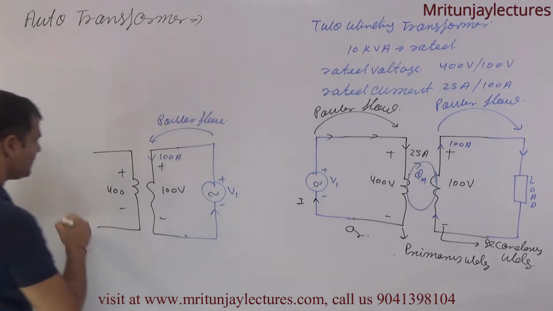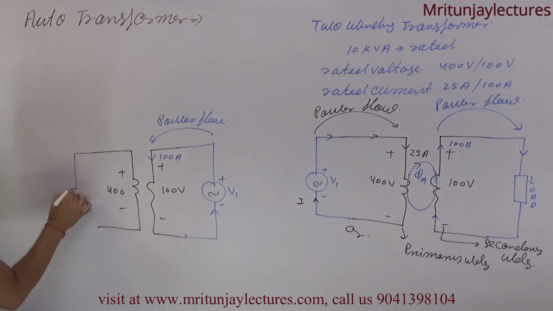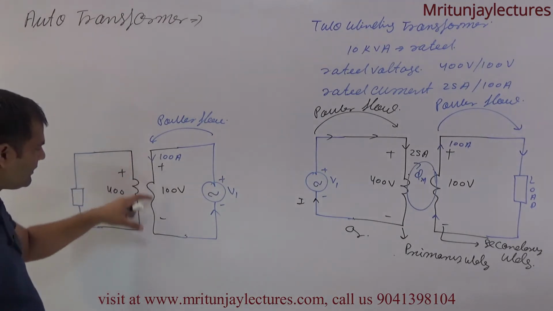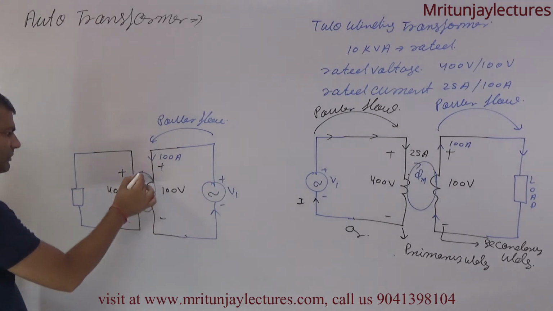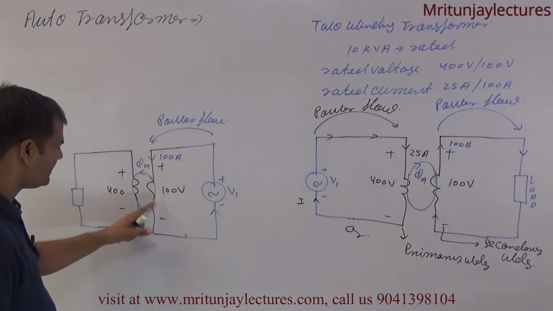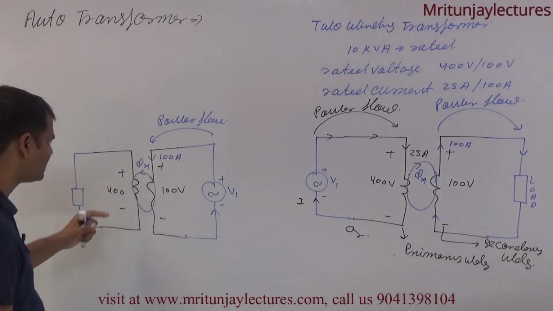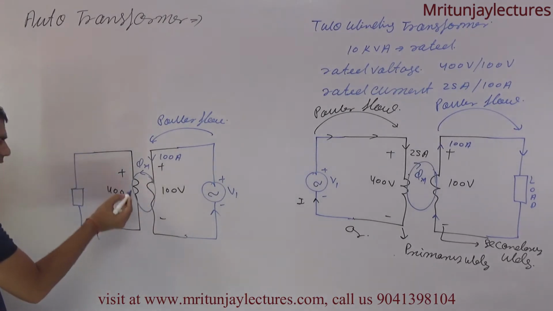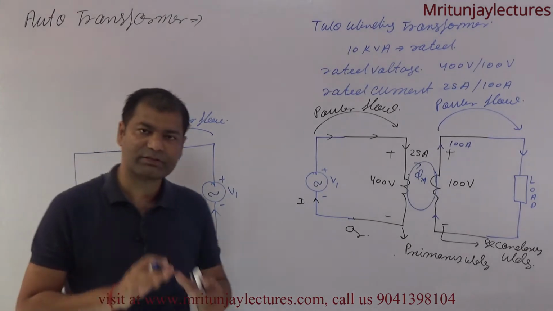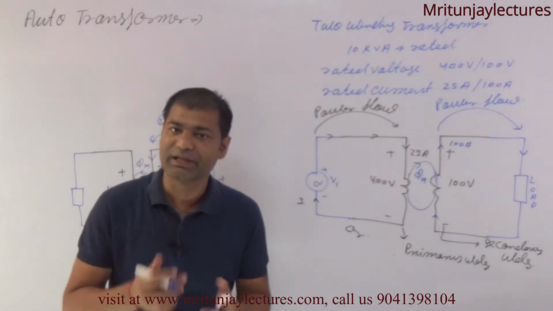Okay. Now if here load is connected like this one, power transfer through electromagnetic induction, that is phi m, to primary, or you can say secondary to primary winding. If power is consumed on the primary side, then secondary side power is delivered.